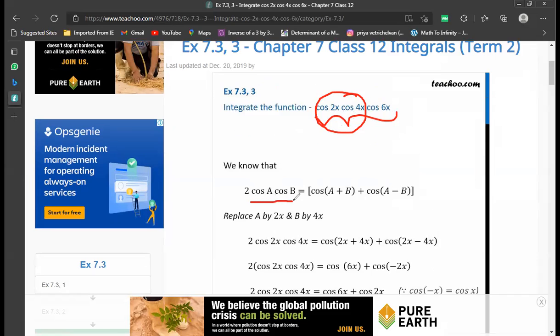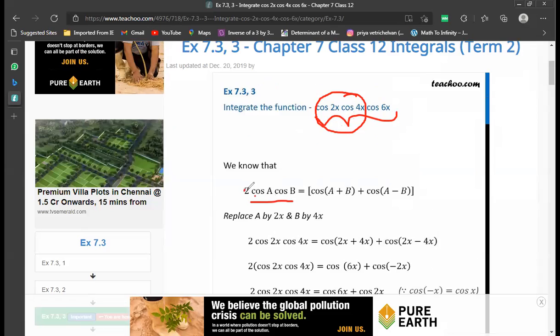Cos A into cos B can be written as cos A plus B plus cos A minus B by 2. So you can assign A as 2x and B as 4x. Just substitute A as 2x and B as 4x in this. We are just solving the very first 2 terms. Keep the cos 6x aside.